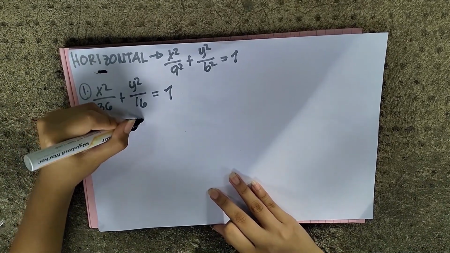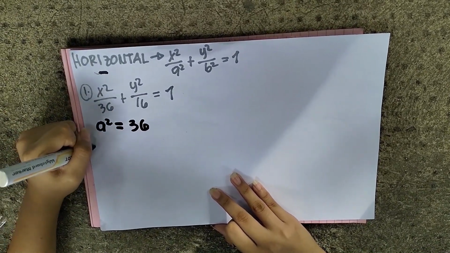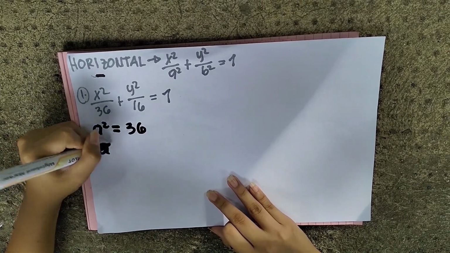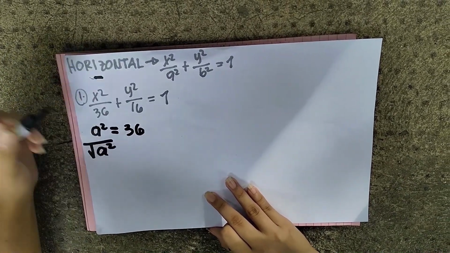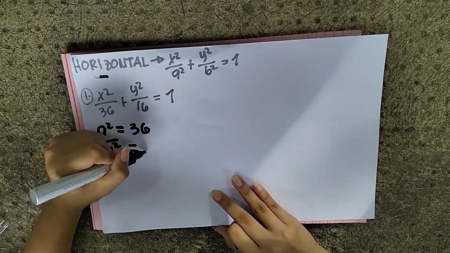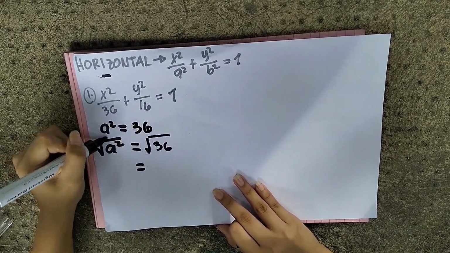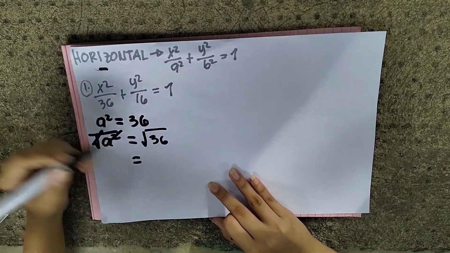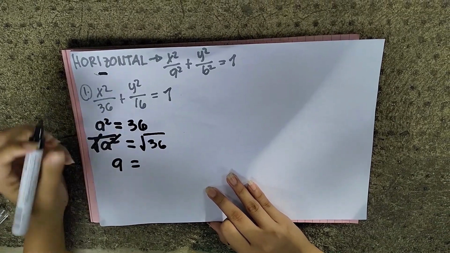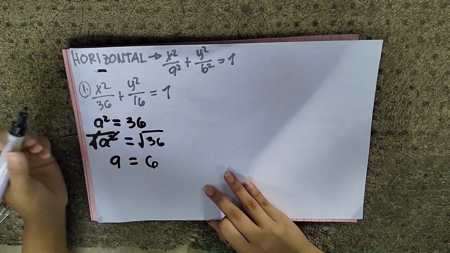So we're going to replace the value with 36. Now we're going to square root it. So the square root of a squared is equal to the square root of 36. So now, cancel out the square root and the exponent 2. A is now equal to 6.